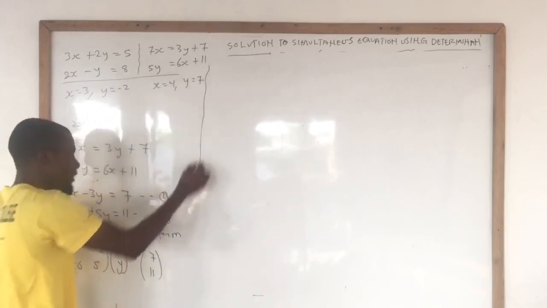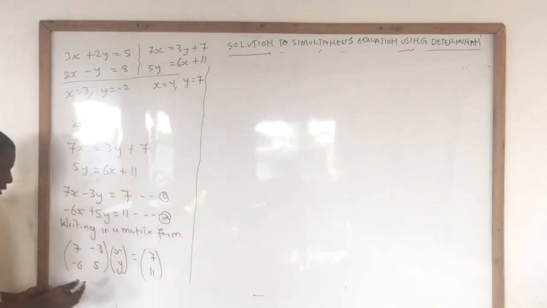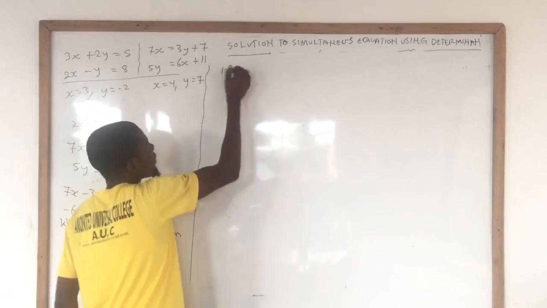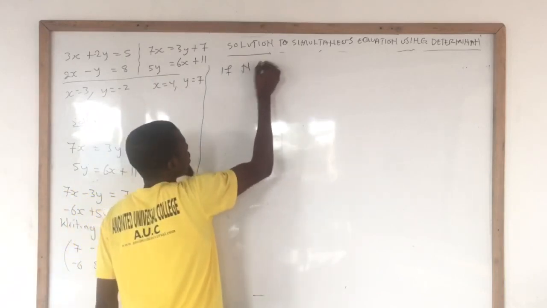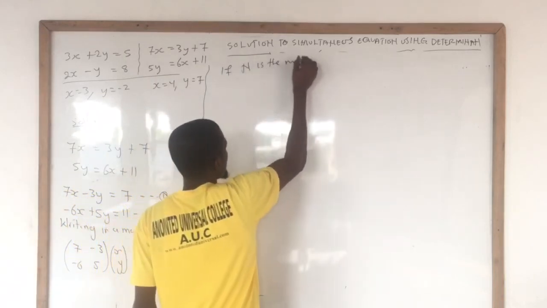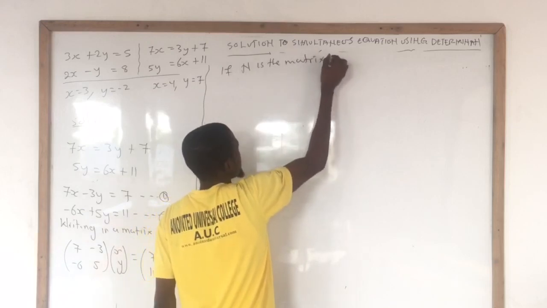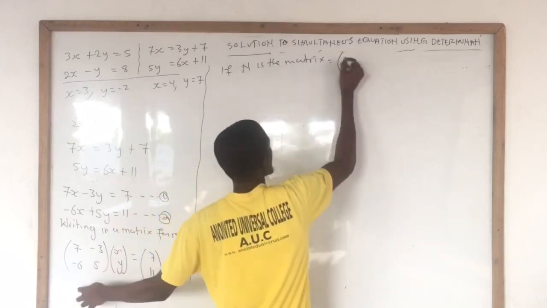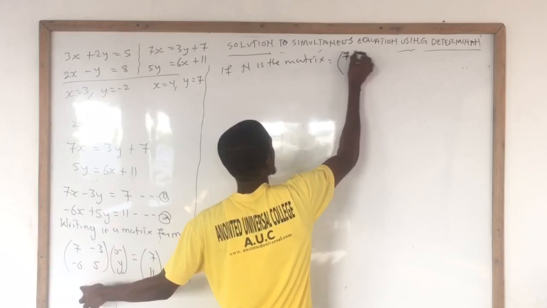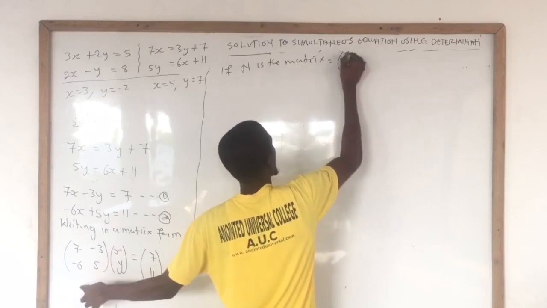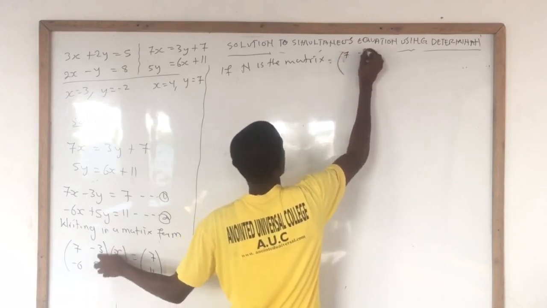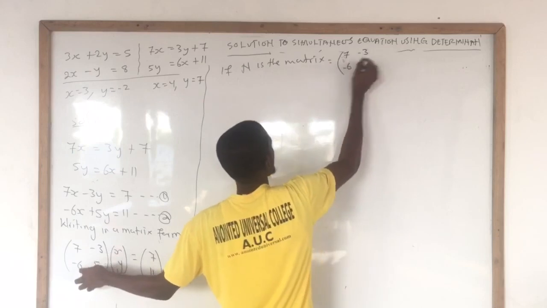Alright, so we first find, if n is the matrix, this time we are representing it by n, 7, negative 3, negative 6, 5.